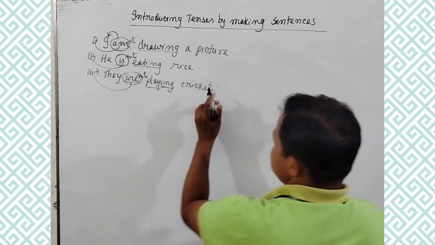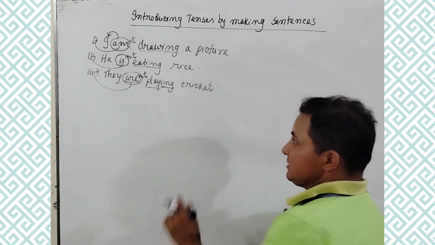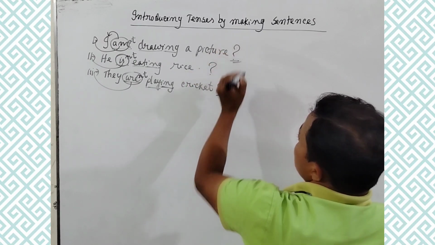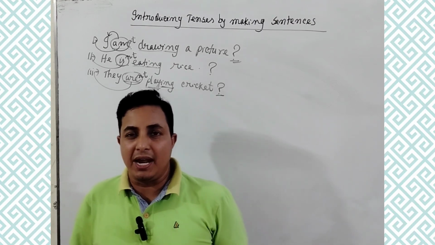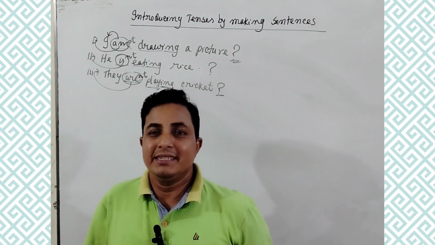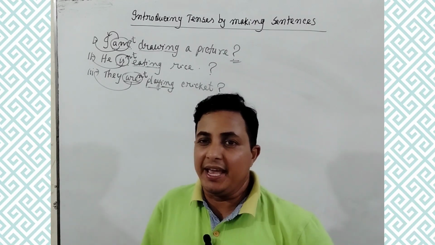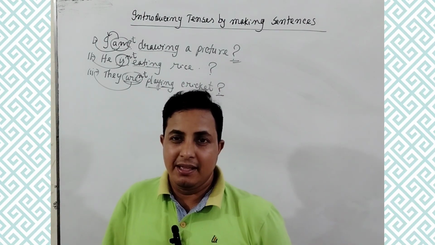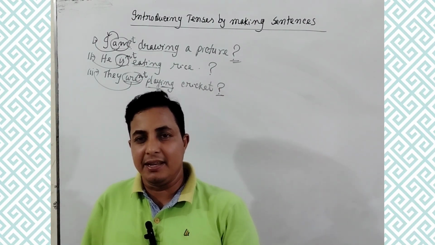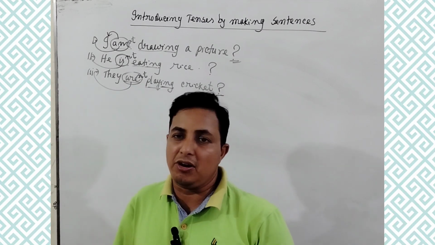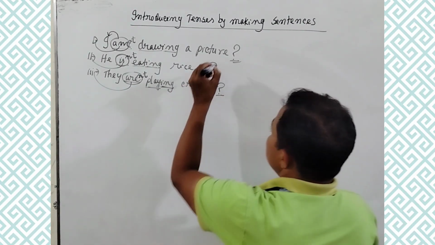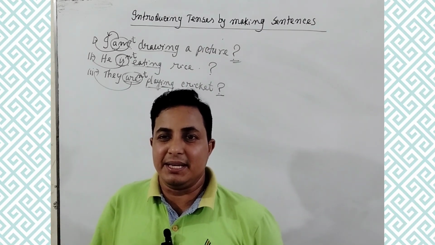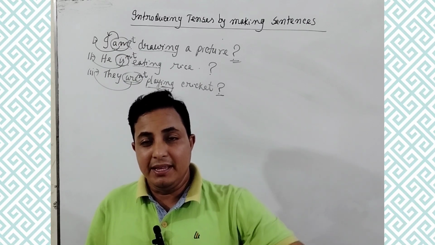And at the end of the sentence, only for an interrogative sentence, you have to put a question mark. Mind it, two kinds of sentences have their own sign, interrogative and exclamatory. For the rest of the three sentences, that means assertive, imperative or optative, you must put a full stop. But for interrogative and exclamatory, you have to put their own sign.